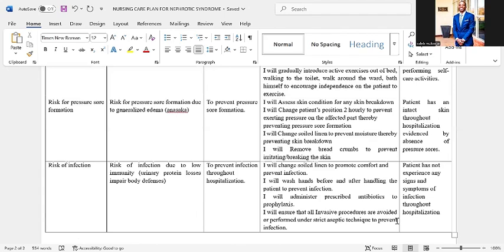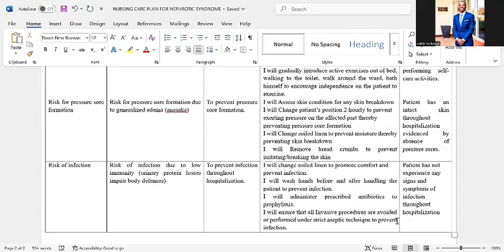So risk of infection due to low immunity, which is basically as a result of urinary protein losses, which will impair the body defenses. Our goal is to prevent infection throughout hospitalization.